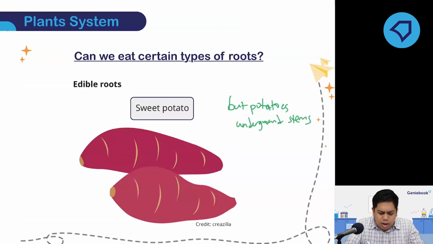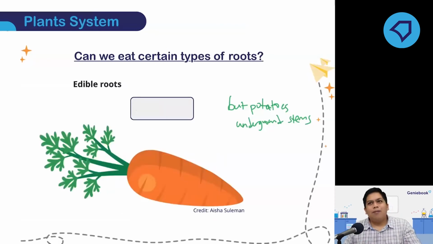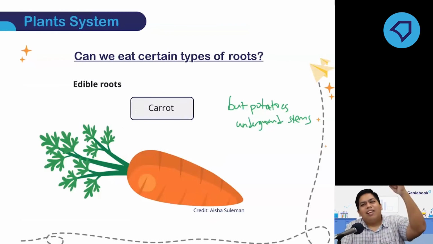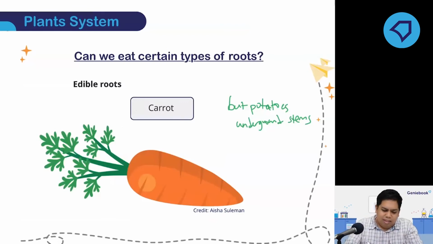Okay, then the next one we have. Okay, very simple. What's this? Yes, correct. These the carrots. So carrots are actually underground edible roots also. Right? So that's why if you see those cartoon, when they pluck out the roots, right? And then there's the carrots dangling there because carrots are actually roots.